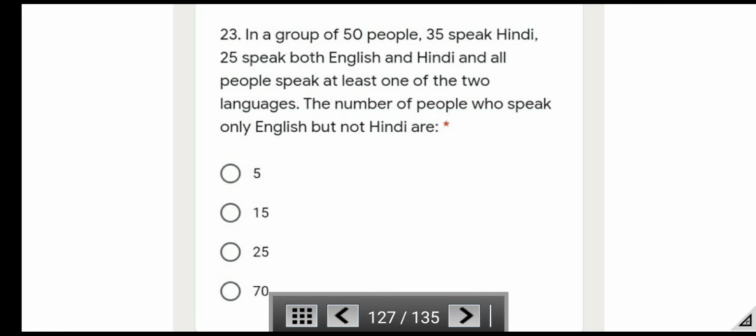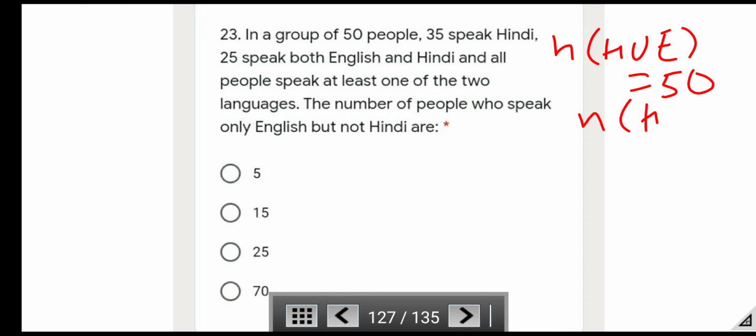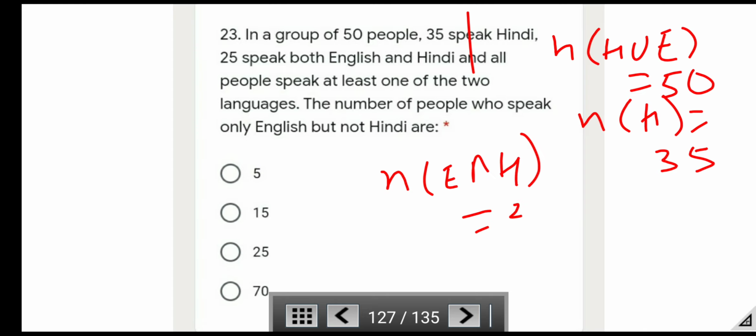Now in a group of 50 people, that is n of H union E is equal to 50, and 35 speak Hindi, that is n of H is equal to 35, and 25 speak both English and Hindi, so n of E intersection H is equal to 25.